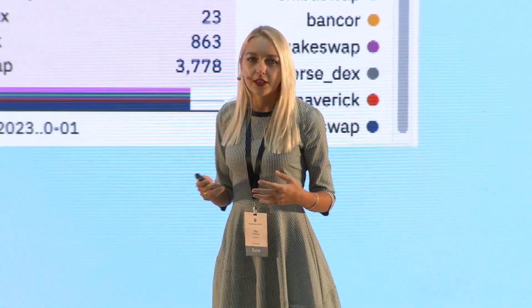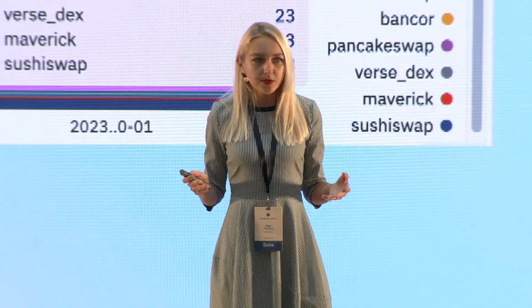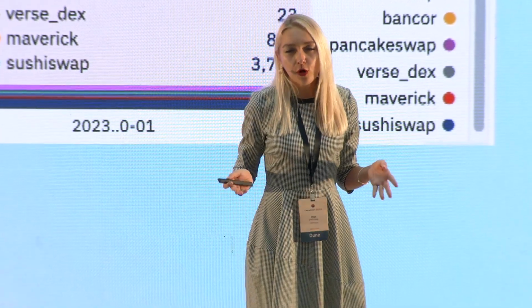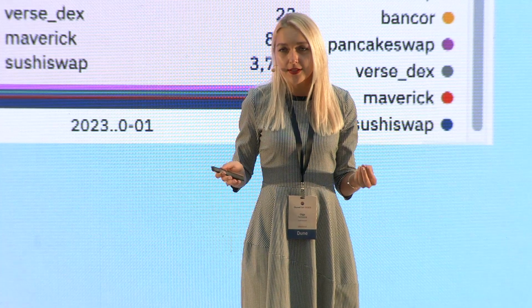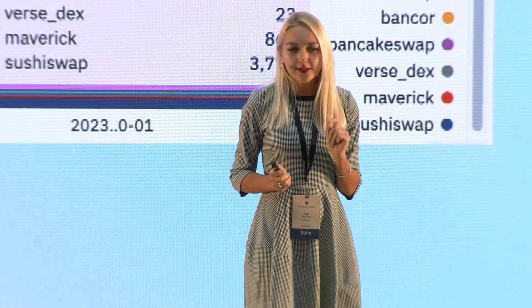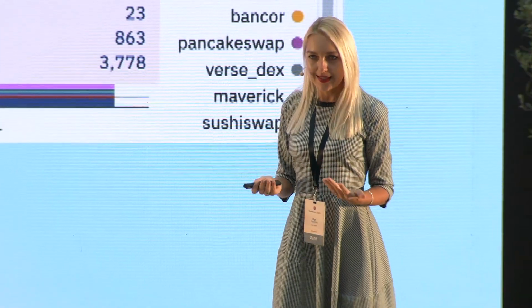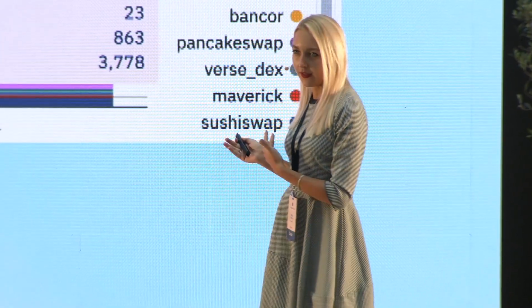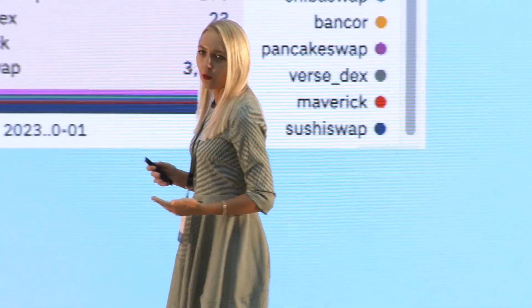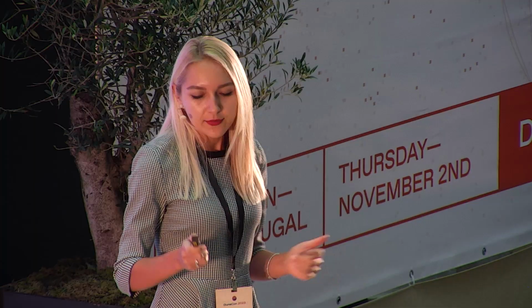So for example, if the token is traded multiple times within the same block, from the same address, with a significantly different gas fee from the rest of the trades within this block, it's most likely a sandwich attack.